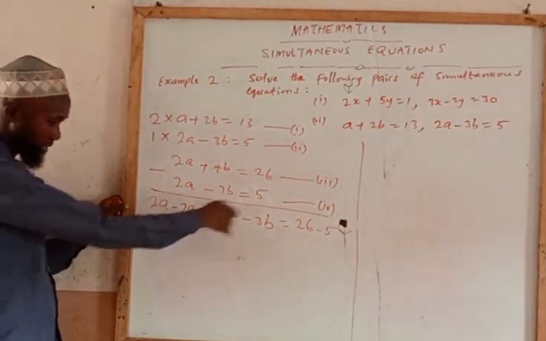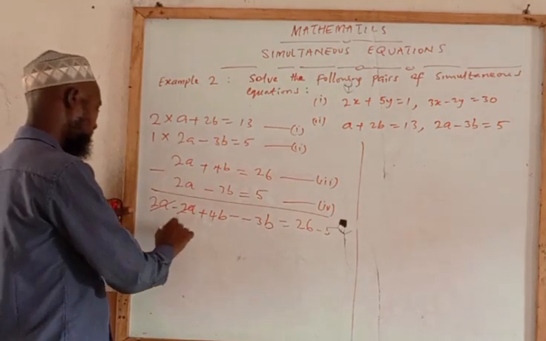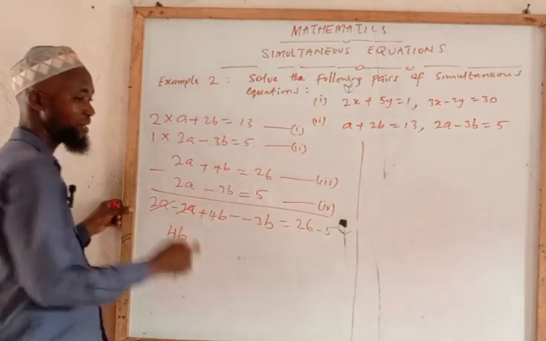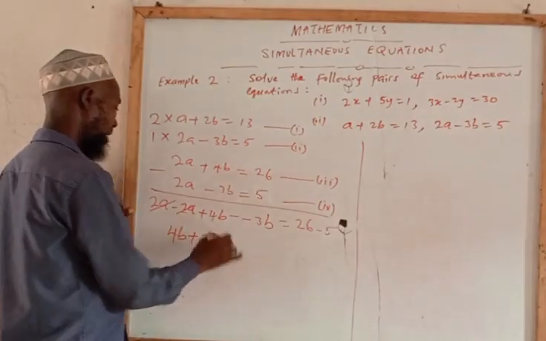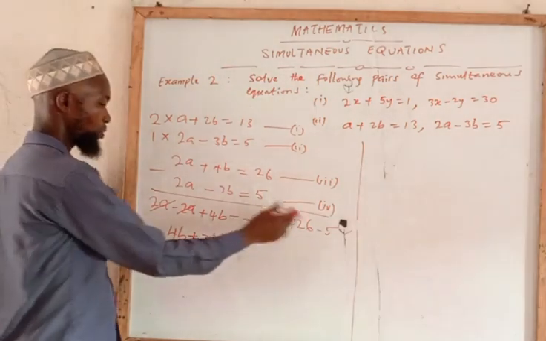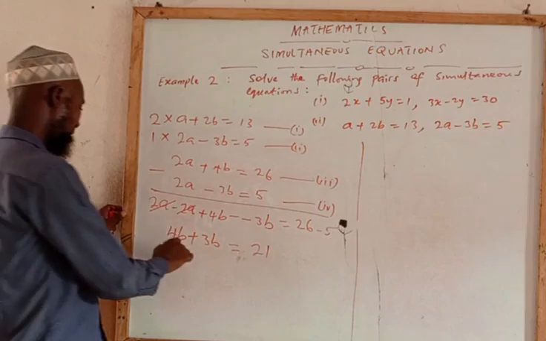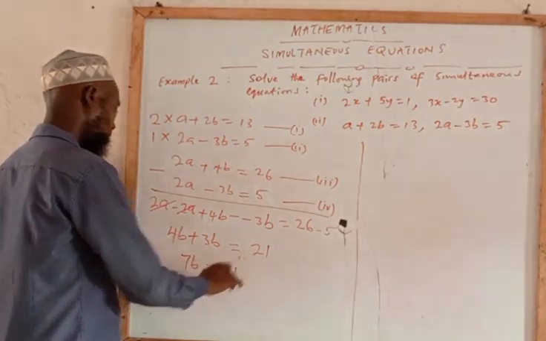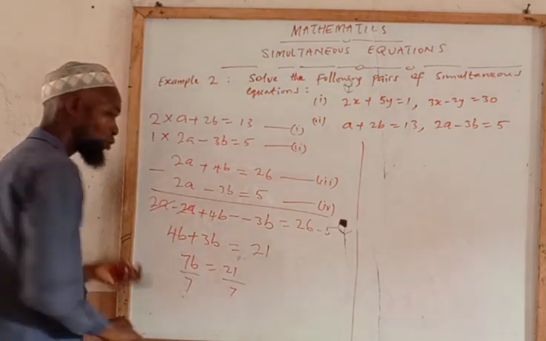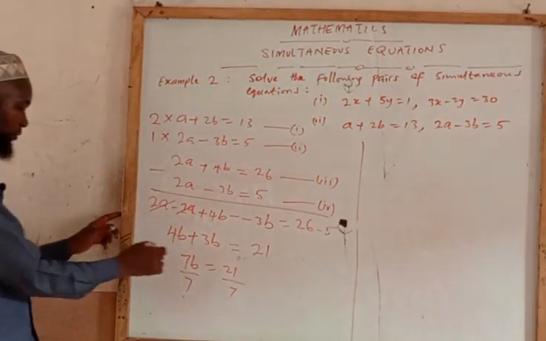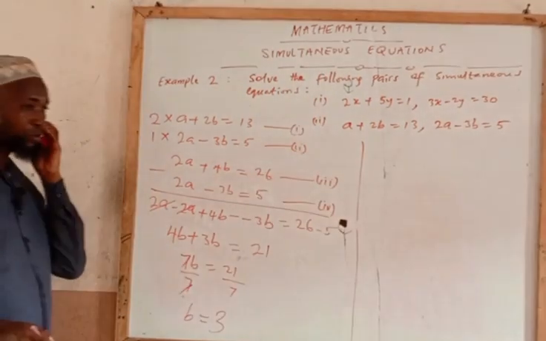So this will cancel this, and I'm left with 4B. Minus followed by minus simply means minus times minus, which becomes plus 3B, is equal to 26 minus 5, which gives 21. 4B plus 3B here is 7B is equal to 21. So getting my B here, I will simply divide both sides by the coefficient of B, which is 7. When this cancels this, we simply can say B is equal to 3.